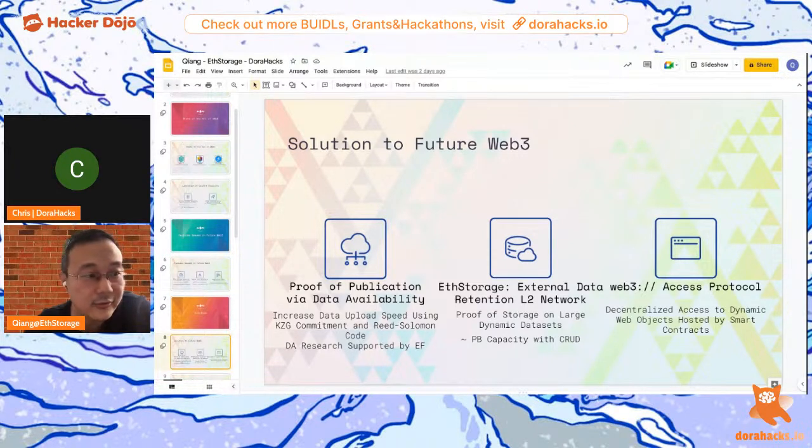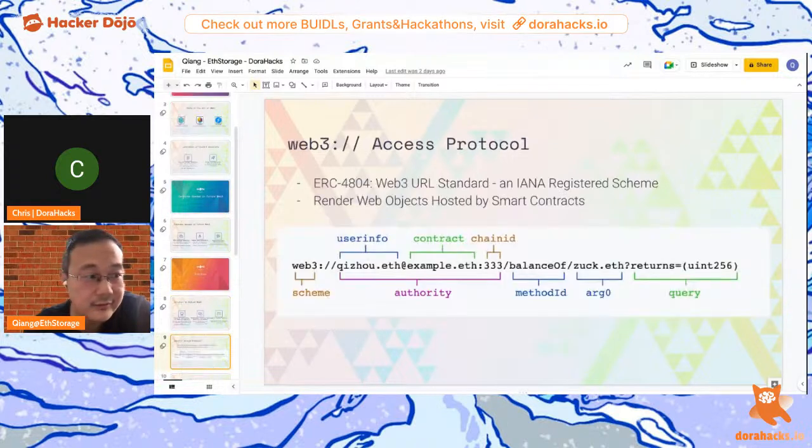Lastly, we also developed our Web3 access protocol, which is able to decentralize access to those web objects hosted by smart contracts. This is the Web3 protocol, which is defined by ERC-4804.